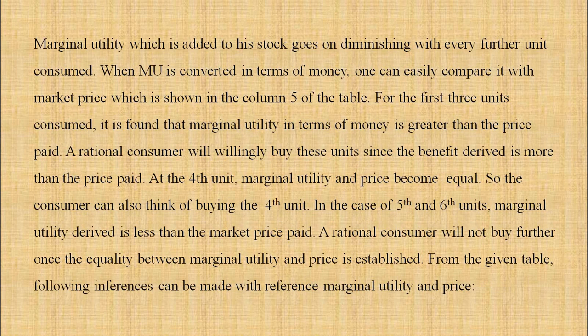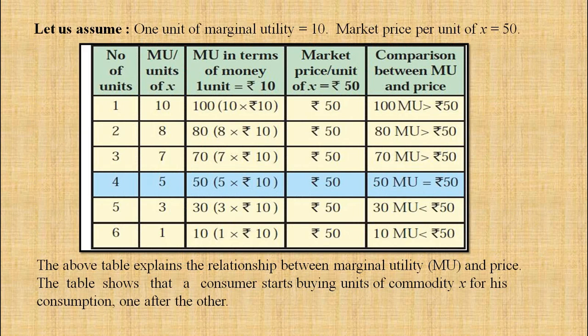So this is what you have to understand. It's a very simple table where marginal utility in terms of money, 1 unit is equal to rupees 10, right? And the price is given, the price is constant, and then we can convert that, and find out whether marginal utility is greater than the price or marginal utility is less than the price.